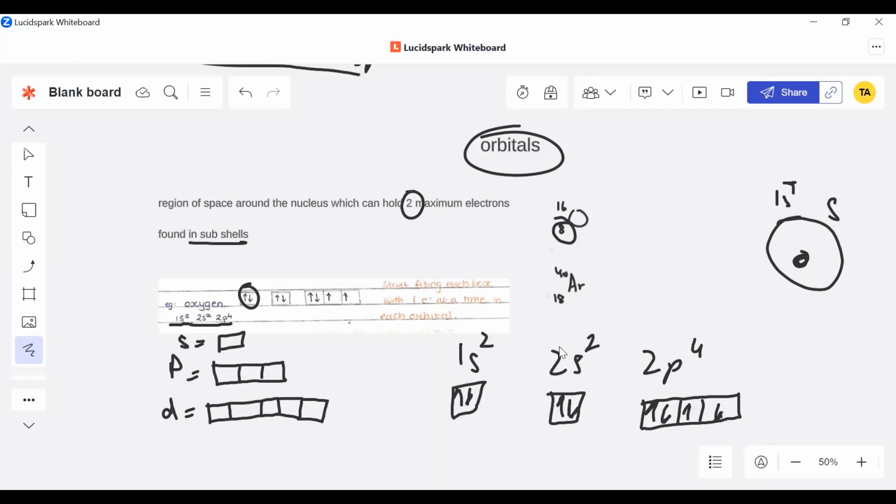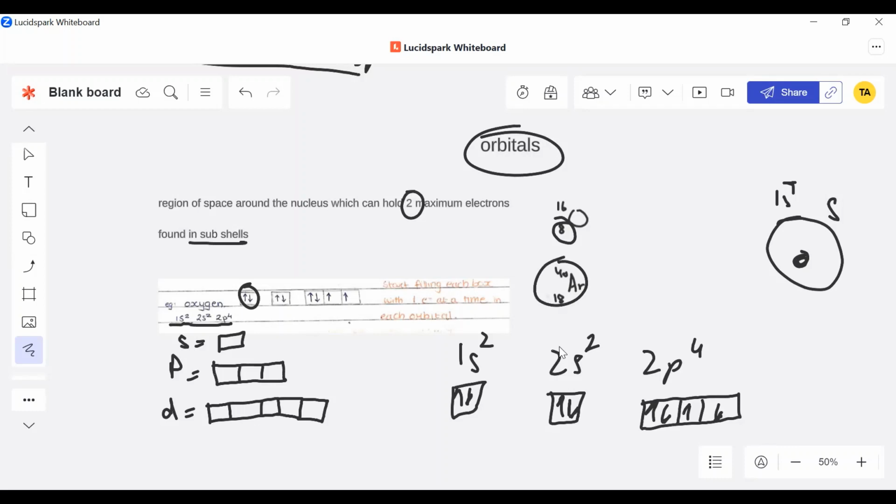So since oxygen had 8 electrons, I start filling my 1s first. Then I move on to the 2s orbital. I write 1 electron in the 2s orbital. In the 2p orbital, I write 3 electrons that are unpaired. So I remember this rule: you fill the orbitals with 1 electron first, and when you complete all the orbitals, you move on to filling the rest of the orbitals.